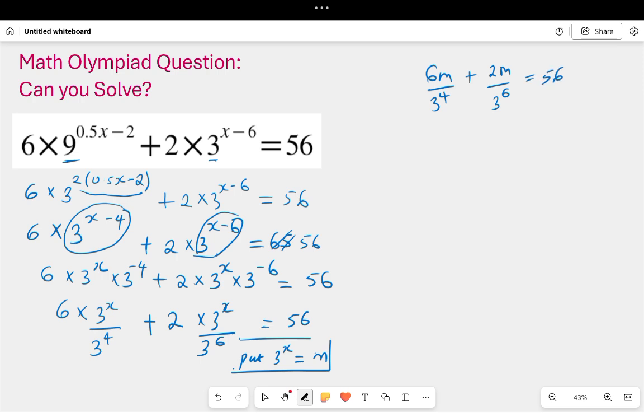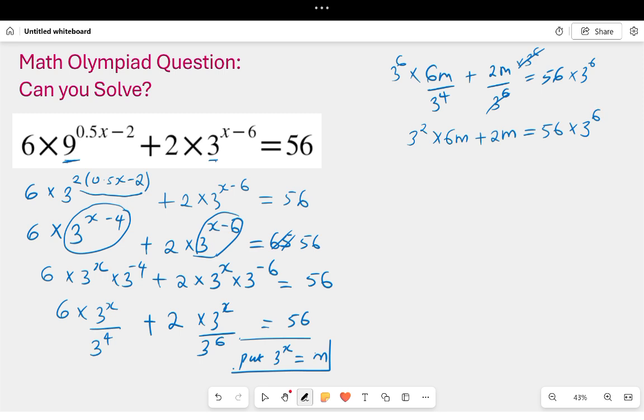Now, to get rid of the denominator, we are going to multiply by 3 to power 6. Here, 3 to power 6 will cancel out. Now we'll be left with 3 to power 6 divided by 3 to power 4, which is 3 squared, times 6m, then plus 2m is equal to 56 times 3 to power 6.